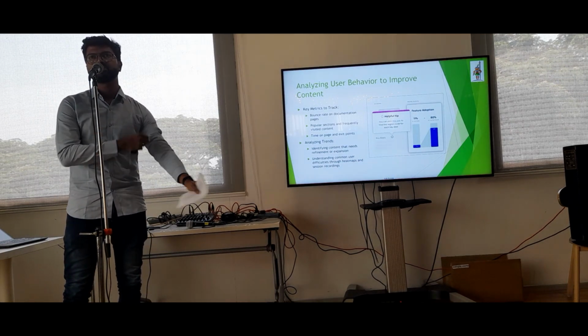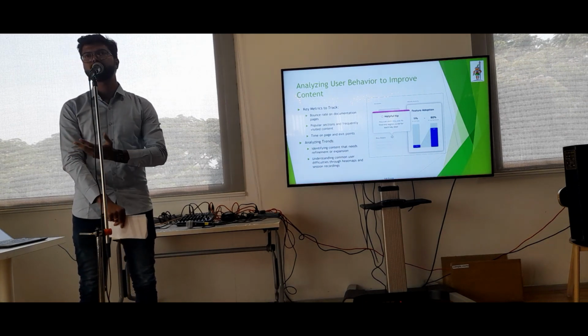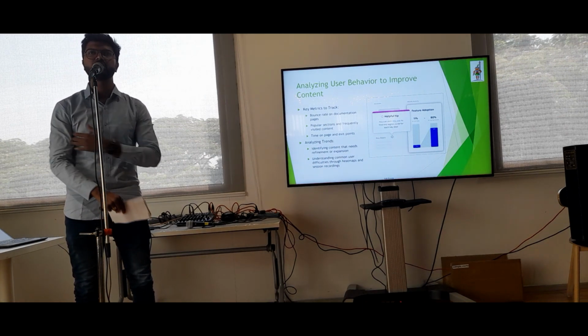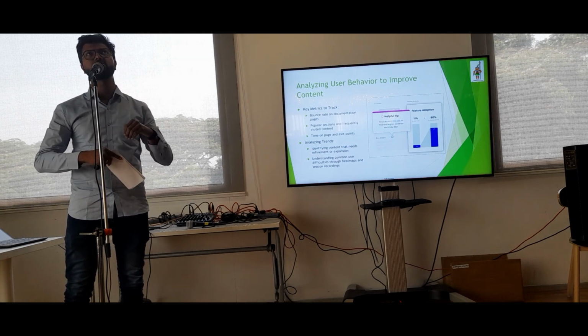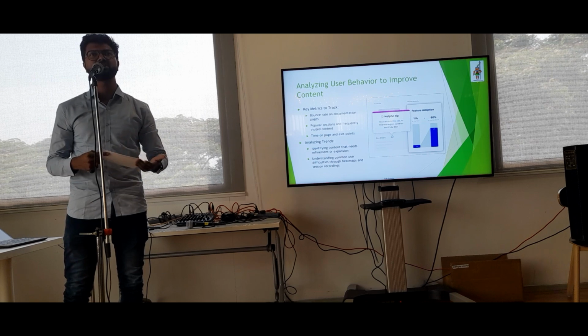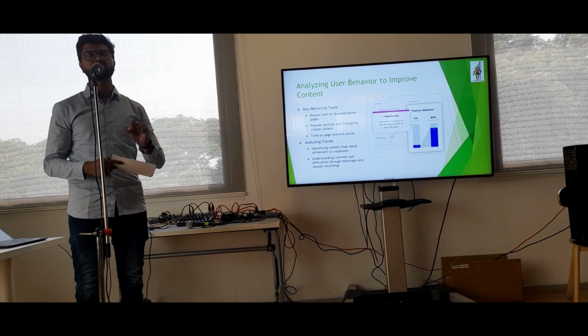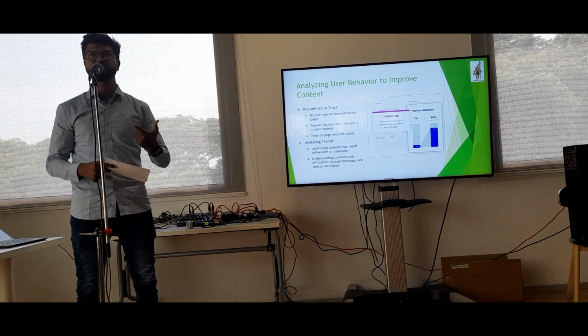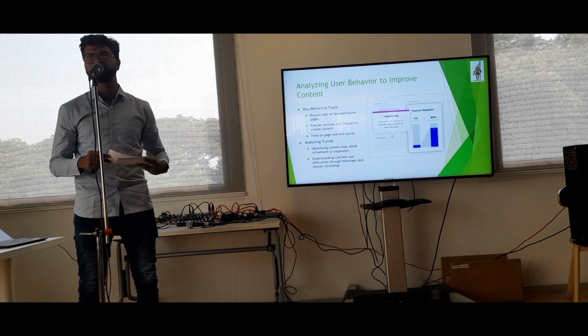Let me explain with an example. Everyone must be aware of the API documentation. If you see a certain drop in the page views for the API documentation, this means that the data there is outdated, and you need to make sure that the API documentation is updated with a certain release or every now and then.